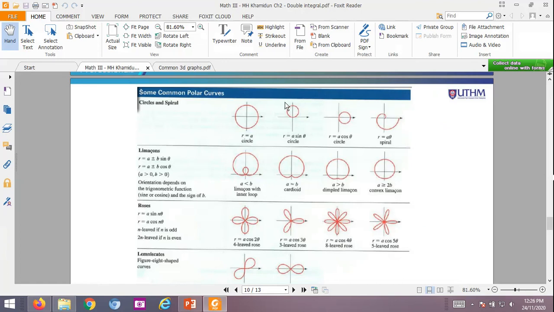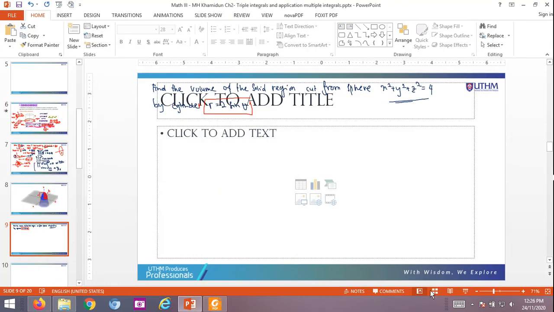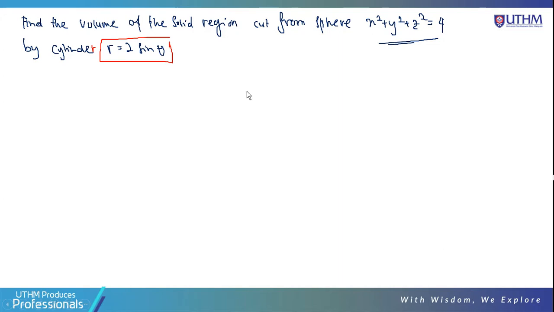So a dia adalah yang vertex yang paling tinggi adalah 2. So r equal 2 sin theta ada circle pada y axis and peak dia pada point 2. Okay, so you dah should know lah, wajib tahulah this function represent for what solid. Okay, so you tahu this one in the xy plane, circle on the y axis.